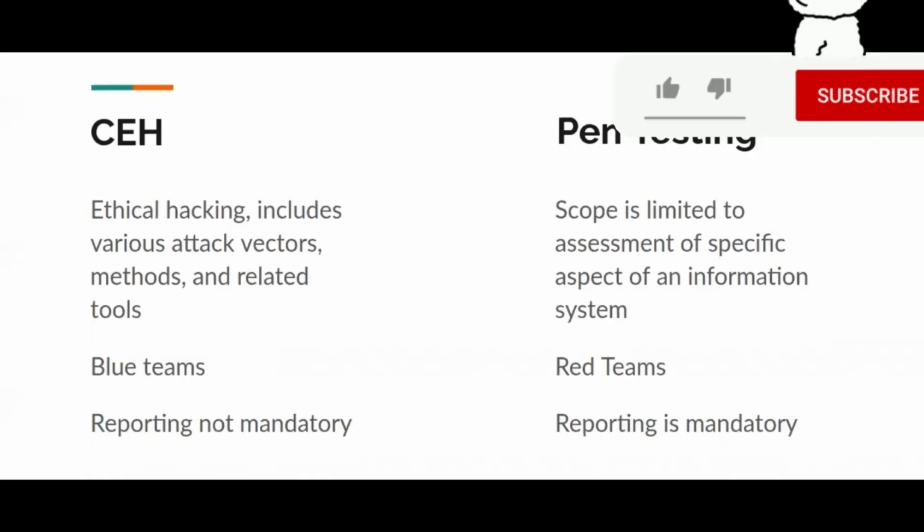So these are all good guys, but using the same tools and methods which the bad guys would use to keep themselves ahead in the game.